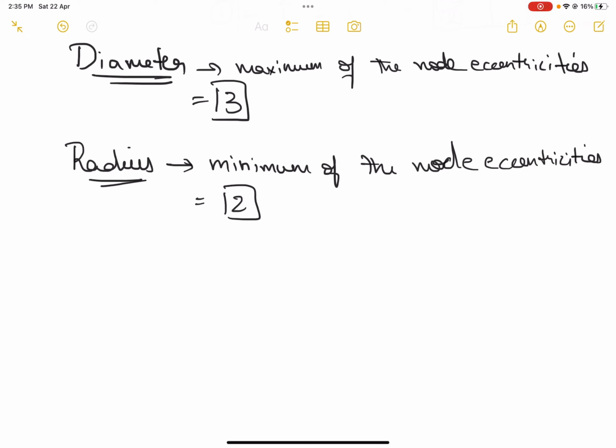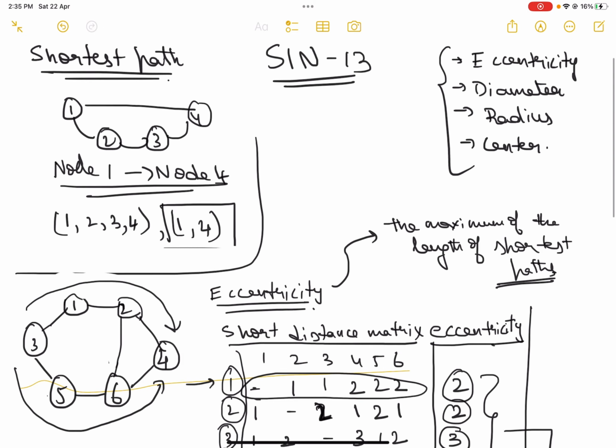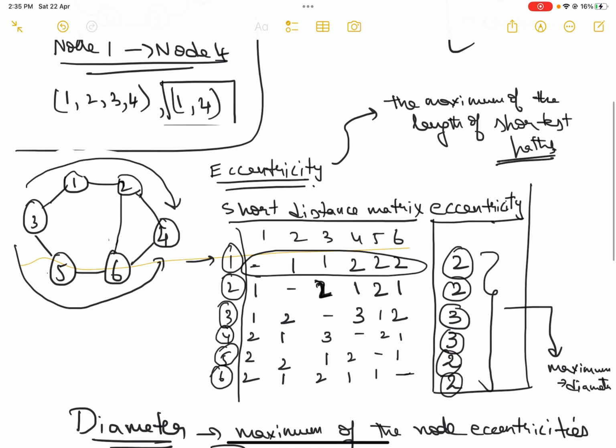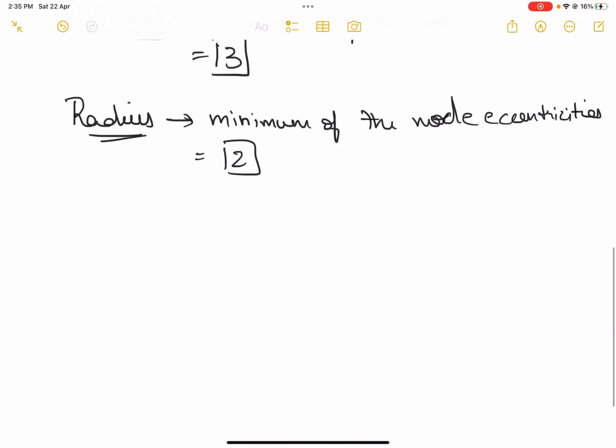Now, what is the other concept we thought we'll discuss? Okay, the center. Now, what is the center?